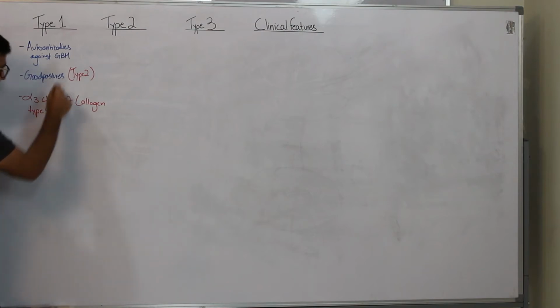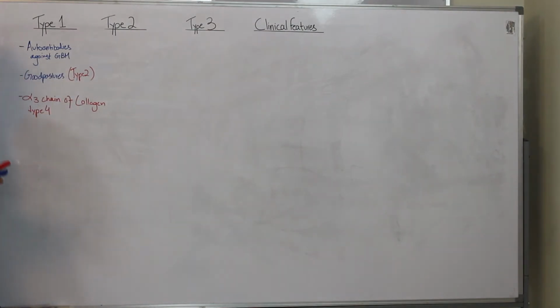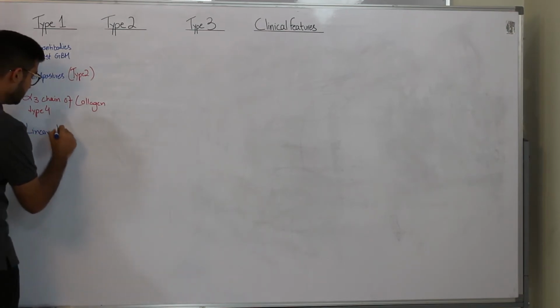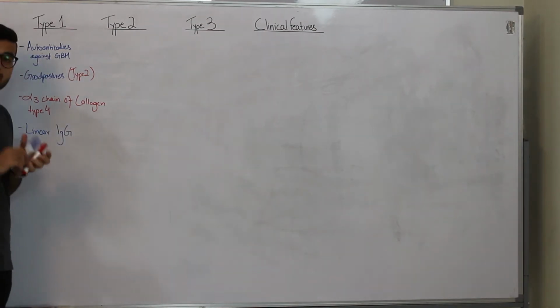So if you have autoantibodies depositing on your GBM, they're going to give you a specific pattern, like the antibodies are going to line against the GBM in a linear pattern.